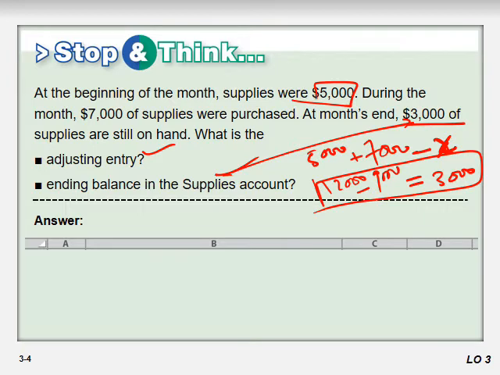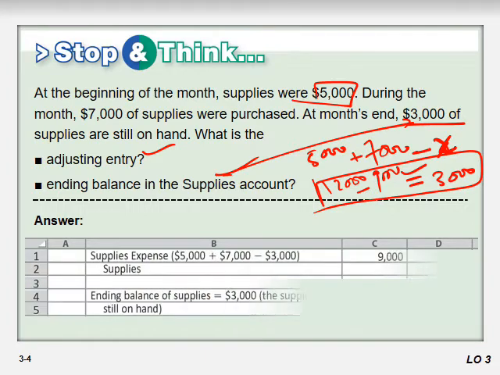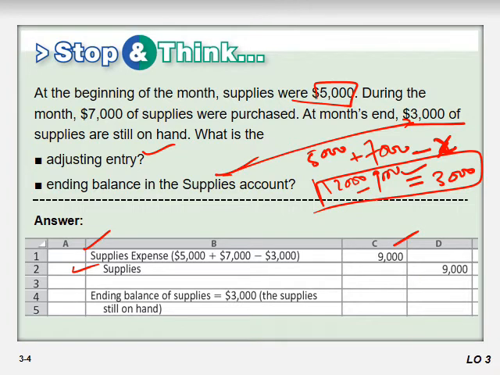We used the supplies, so the adjusting entry would be for how much used: 9,000. So 9,000 would be supplies expense to supplies, 9,000 debit and 9,000 credit. And the ending balance, we already know, is 3,000 on hand. If you don't understand that, please write to us on our WeChat group and we will try to discuss. If you still don't understand, we can have a Zoom conversation.